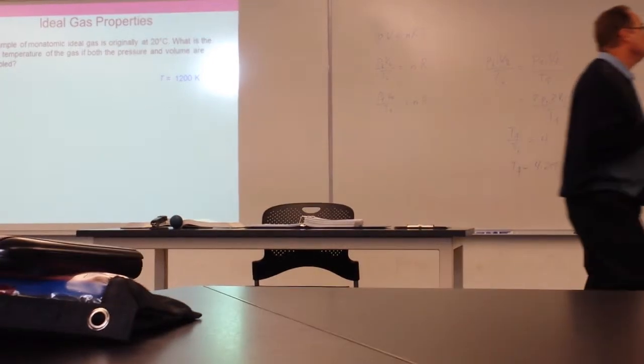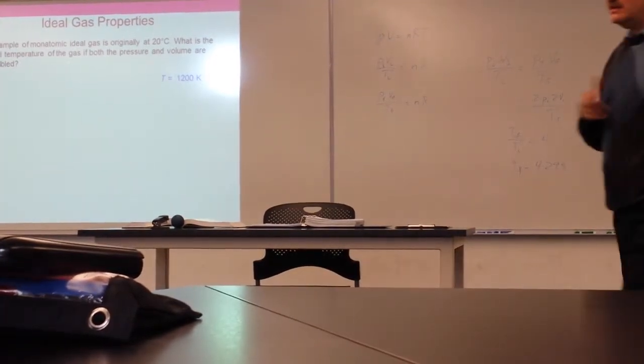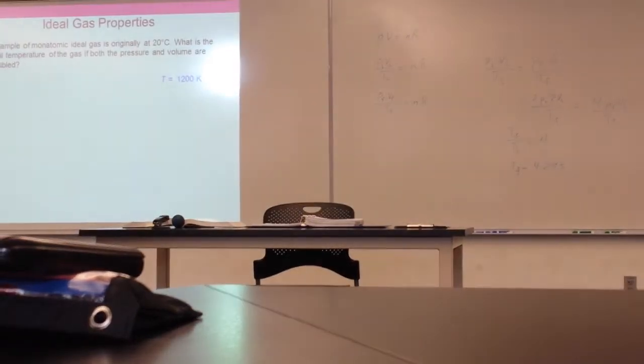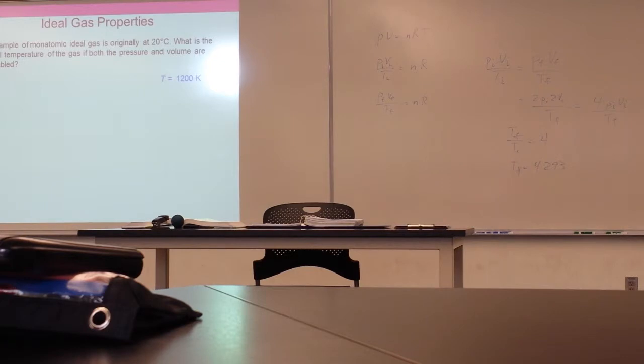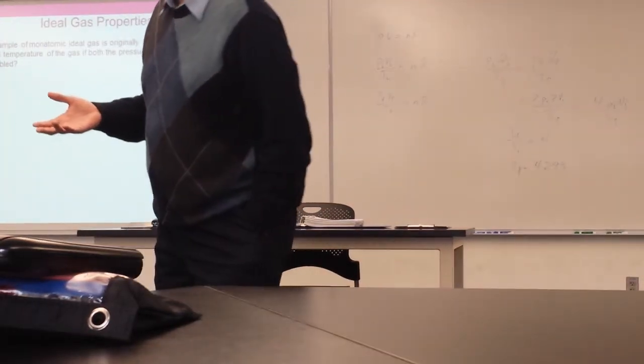Now what I want to do is move on from that. Pressure, volume, and temperature at this level are what are called macroscopic properties of the gas. We just think of them in terms of the gas having so much pressure, so much volume, and this temperature. But we don't think about what really causes them.